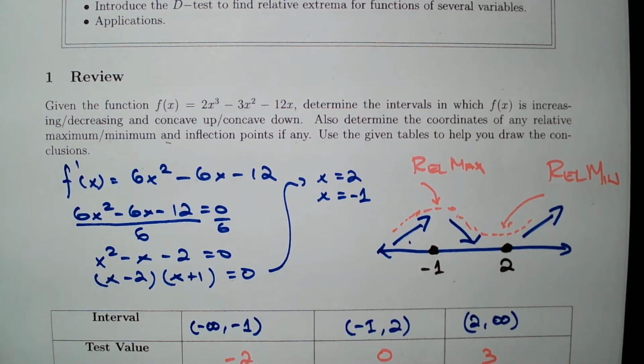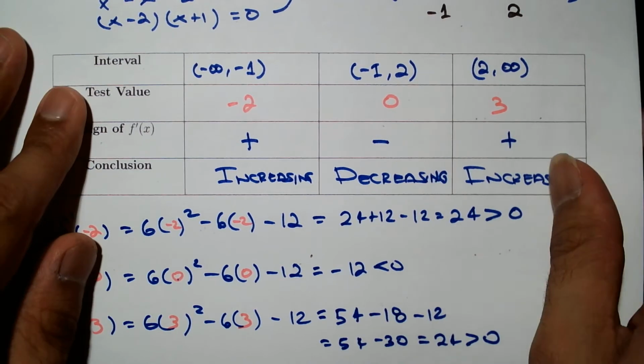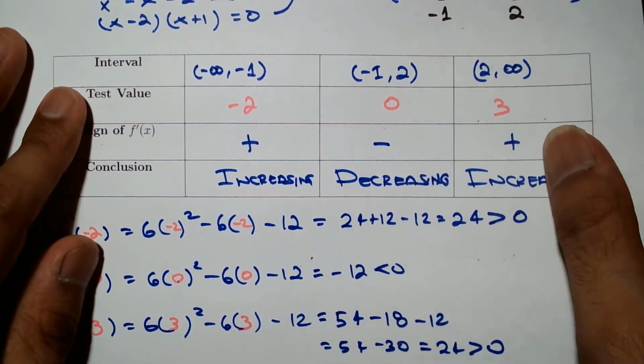But ultimately I'm not going to care about finding those values. All I want is to review the process of using the first derivative test to find potential extrema. So let's move on to the next page.